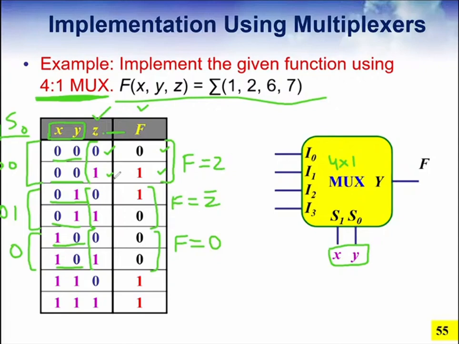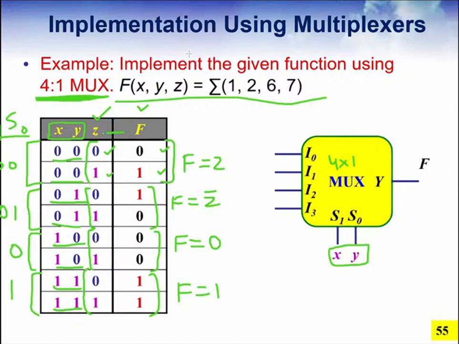Did you get it? Okay, look here. For 1, 1, F is equal to 1. F is equal to 1. Easy? Clear now?